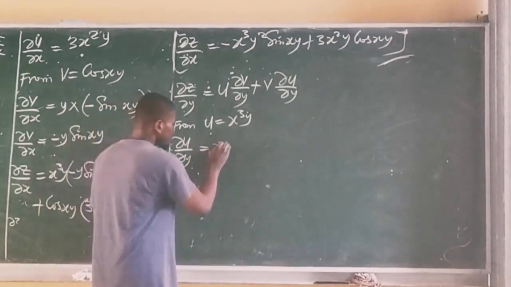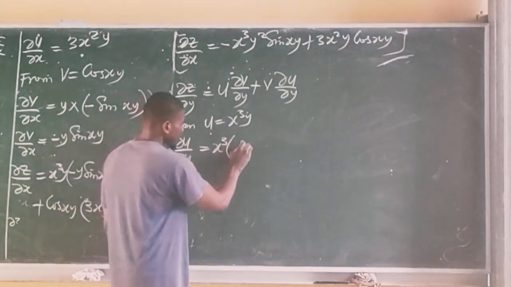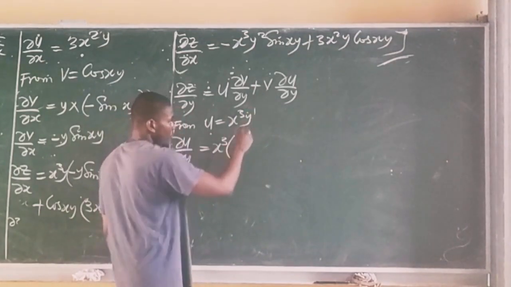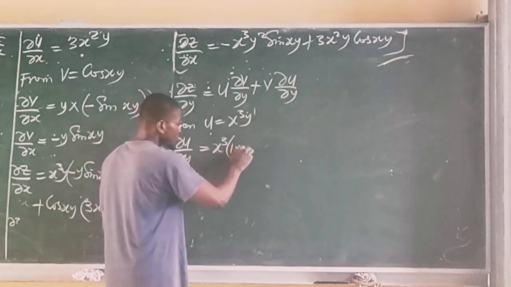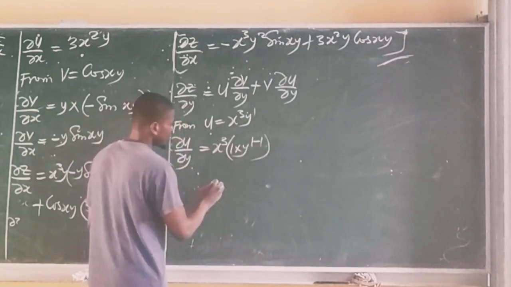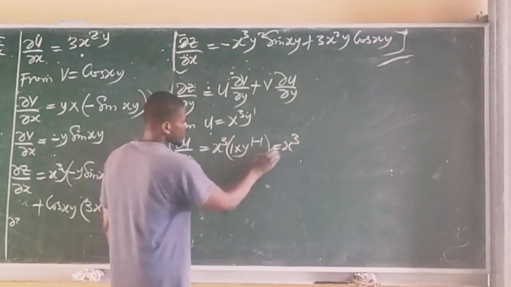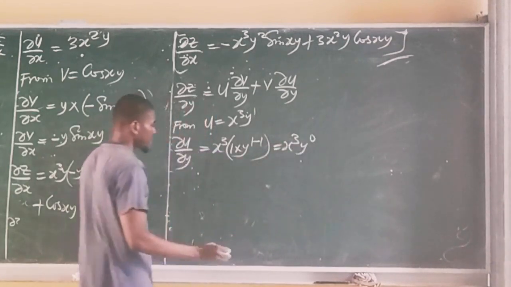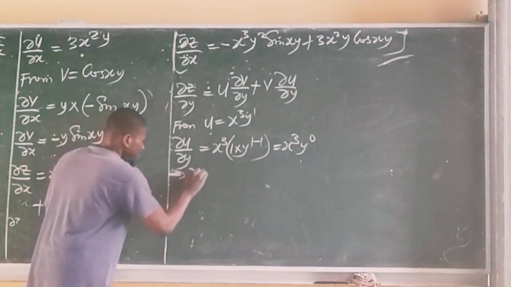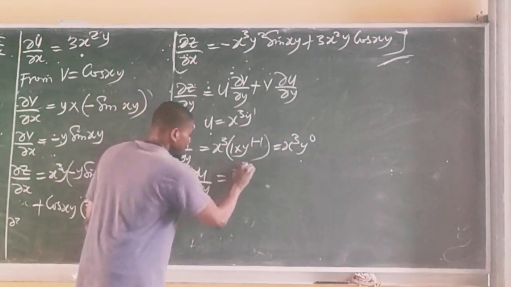Differentiating y, the power of y here is simply 1. So I'll have 1 times y, 1 minus 1, which will give me simply x cubed y raised to power 0, which is still 1. So that means the partial derivative of u with respect to y is simply x cubed.